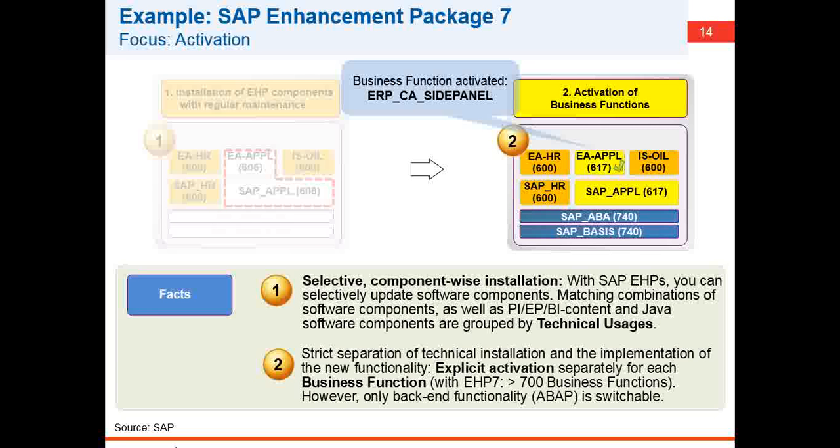Now, I kind of put quotes around switchable. I can turn them on one at a time, or all if I need them all, but in most cases, I cannot turn them off. It's a one-way switch.